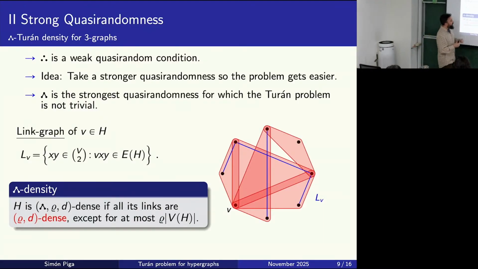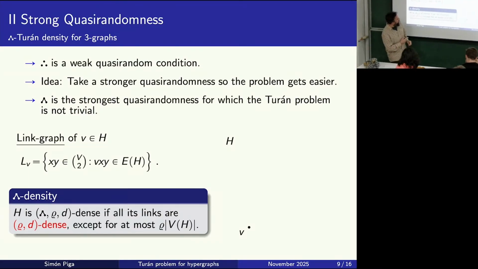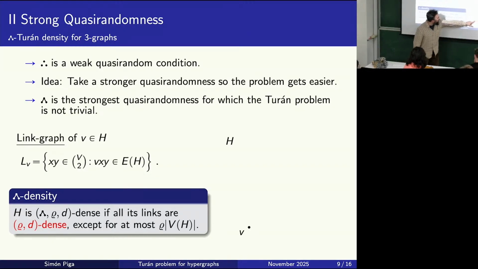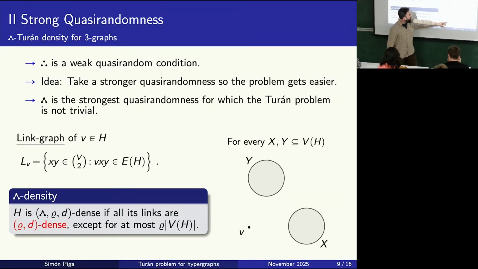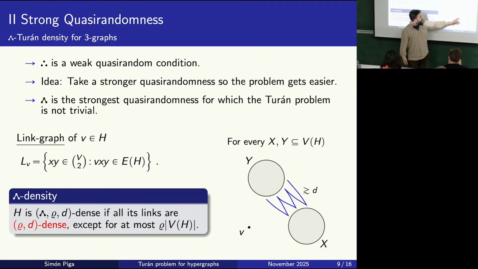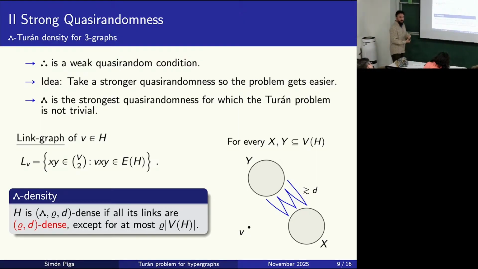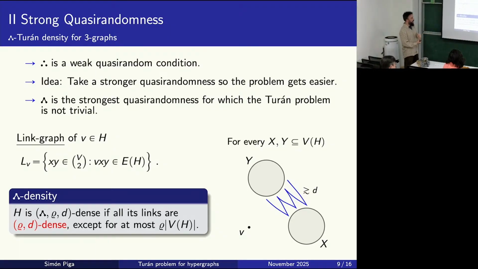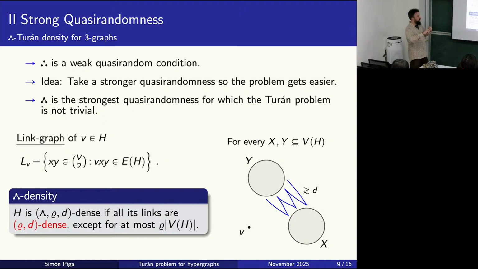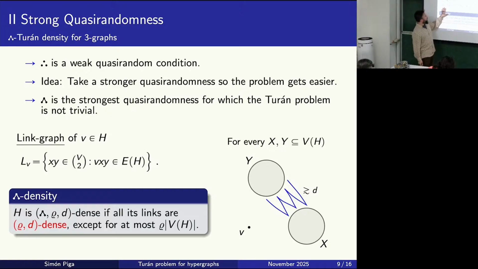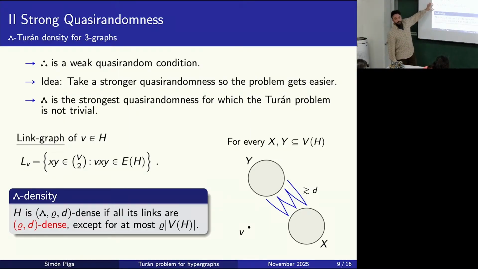So again, whenever you look at a vertex in a hypergraph H, and you take two vertex sets, the number of edges in between in the link is a d proportion of all of them. So here we have this very chaotic behavior, right? For every vertex, the link graph of that vertex looks very quasi-random. And it's easy to prove that this condition is much stronger than the previous one.